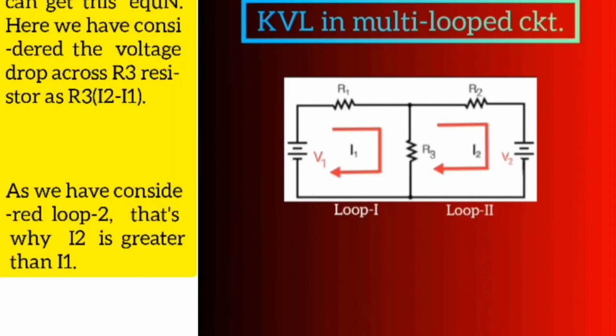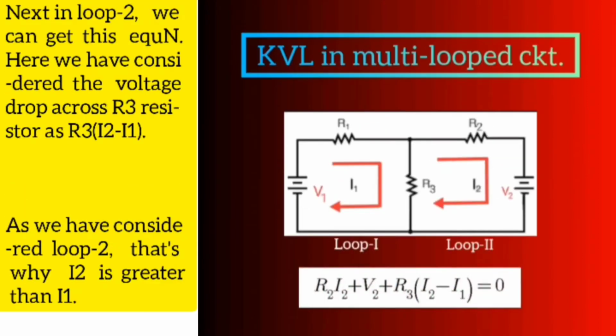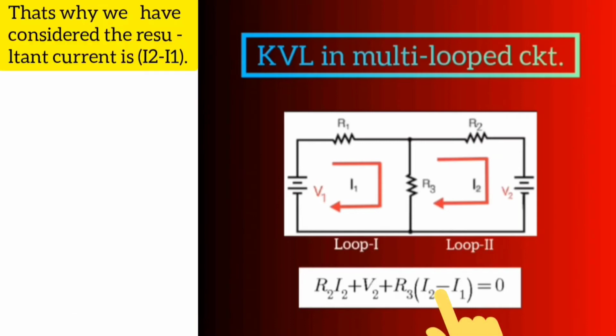Next, in loop 2, we can get this equation. Here we have considered the voltage drop across the R3 resistor as R3 into (I2 minus I1). As we have considered loop 2, that's why I2 is greater than I1, and that's why we have considered the resultant current as I2 minus I1.